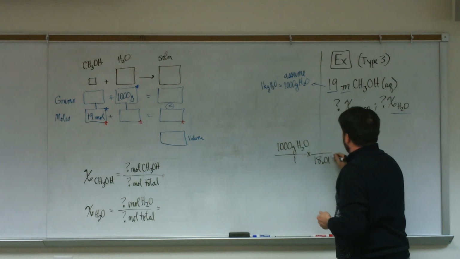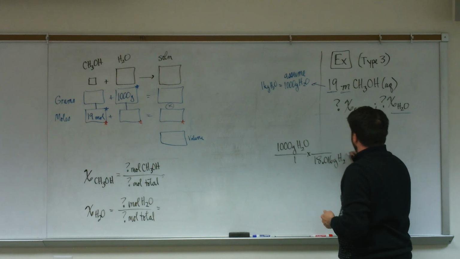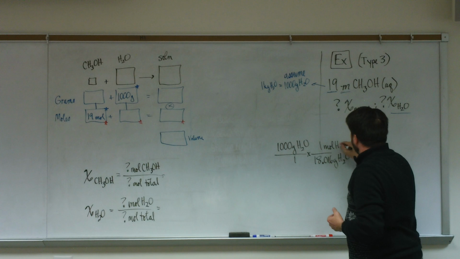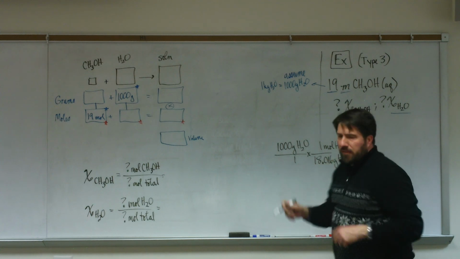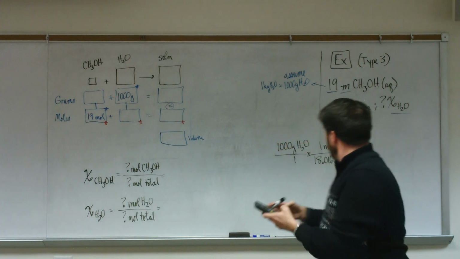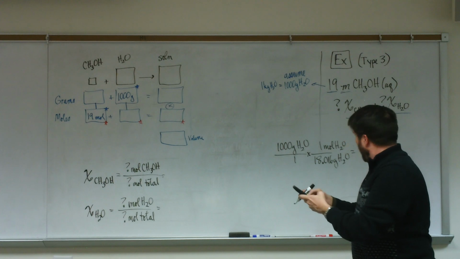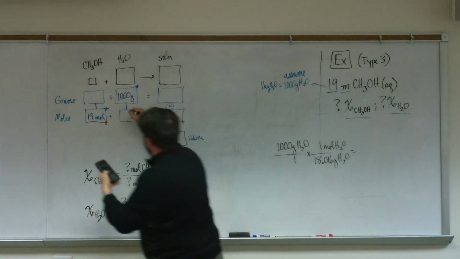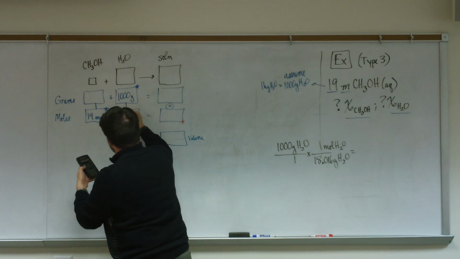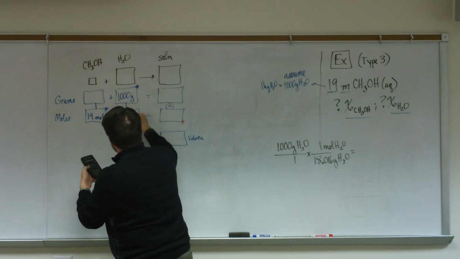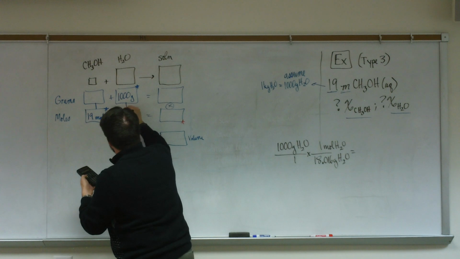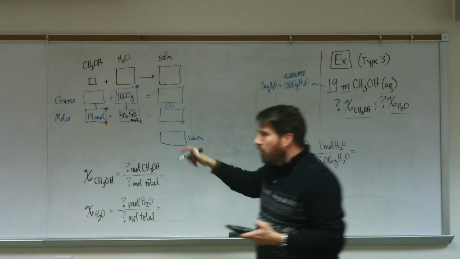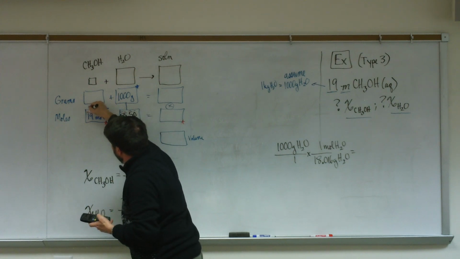There's 18.016 grams of H2O if you add 2 H's and 1 O for every 1 mole of H2O. If we do this division, 1,000 divided by 18.016, I have just generated that this is 55.50 moles of water. I have at least 4 significant figures here. I think I have more, but I'm going to be restricted in the end to 2.